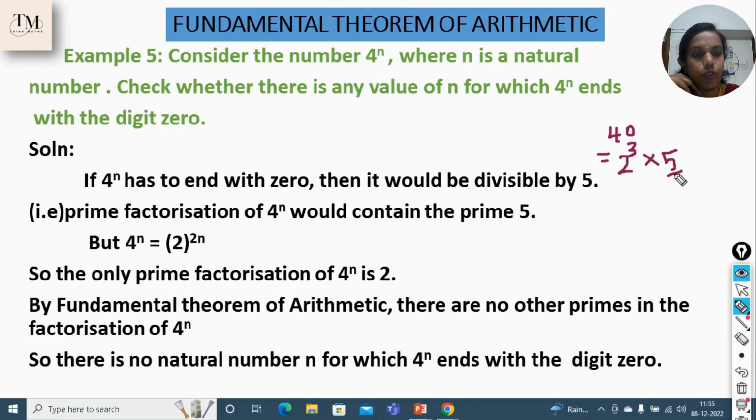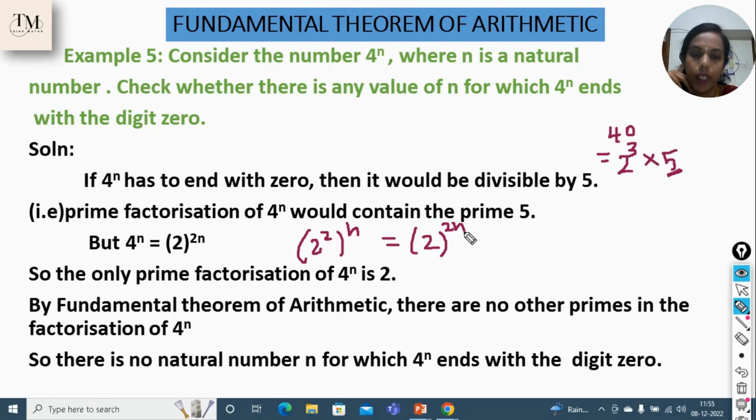So we found 2, but there is no prime factor 5 in 4 power n, because 4 power n is nothing but 2 square to the power n. 4 is nothing but 2 square, so we can write it as 2 to the power 2n. Here n is a natural number starting from 1, 2, 3, 4, 5.